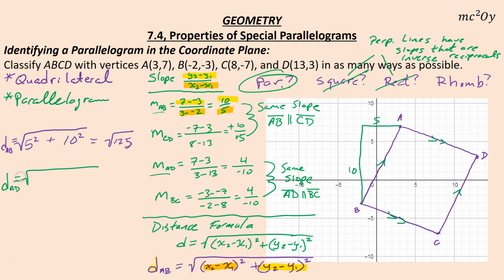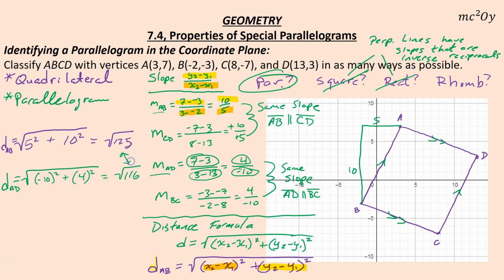Once again, you've already done this. You've done it right here. AD, here's your x2 minus x1, so negative 10 squared, plus y2 minus y1 is right here. That's your 4 squared. Well, that gives me 100 plus 16, or the root of 116.